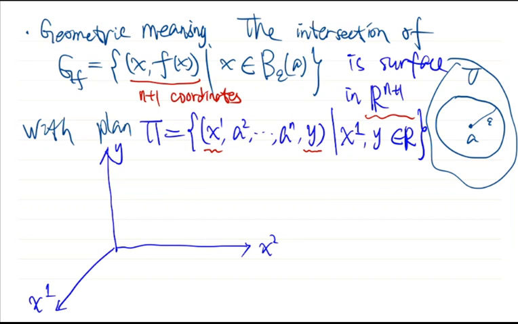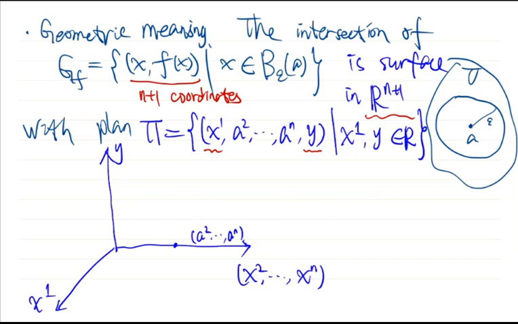We want higher dimensions, so we can use this single axis to represent x2 through xn, an n minus 1 dimensional space. Therefore, this is the point A2, ..., An in the x2, ..., xn space. So this capital Pi consists of x1 values and y values.